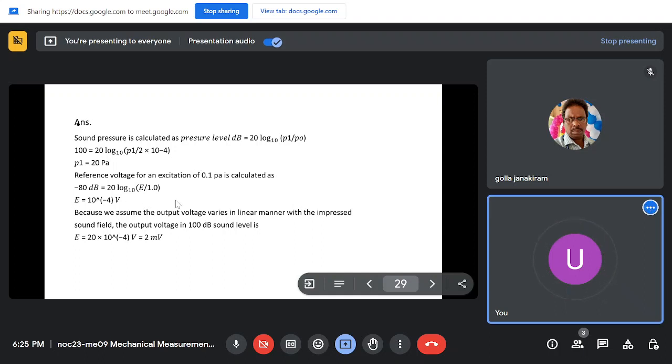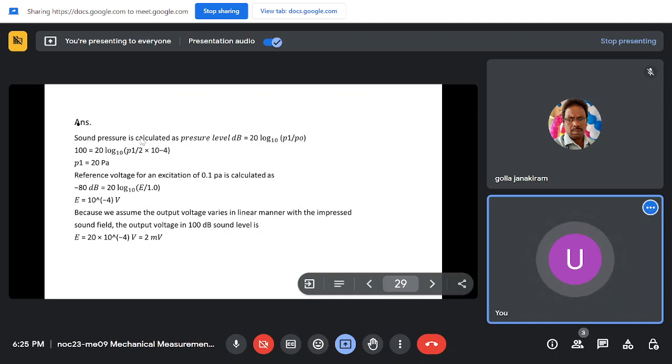I repeat, in this sound pressure measurement, we have been asked to calculate the voltage generated for a 100 decibel noise level. So we first calculate the pressure generated for 100 decibel.